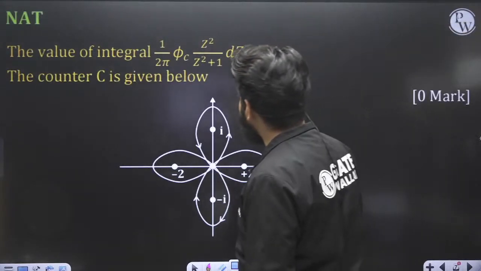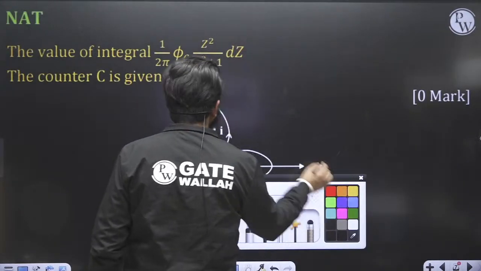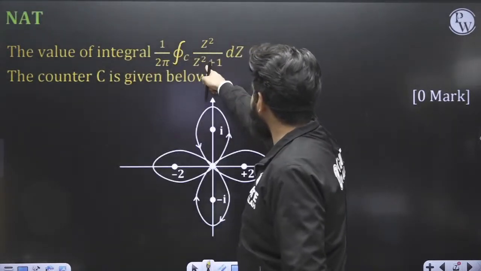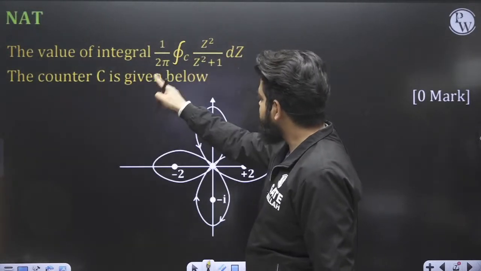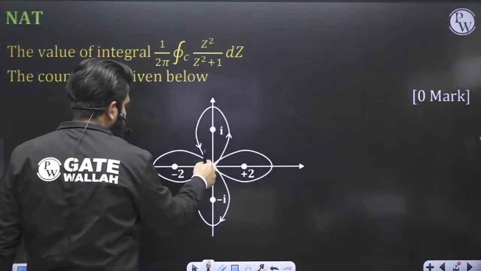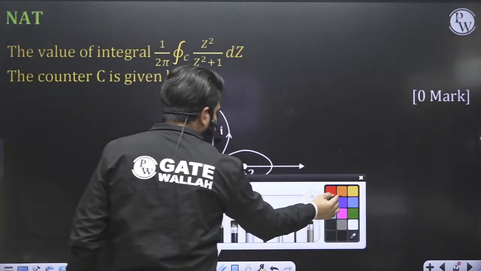The value of the integral 1 upon 2 pi, this is the sign of the closed line integral, c z square upon z square plus 1 dz, where c is the contour given like this. This is the contour which is given here. I will highlight the contour.